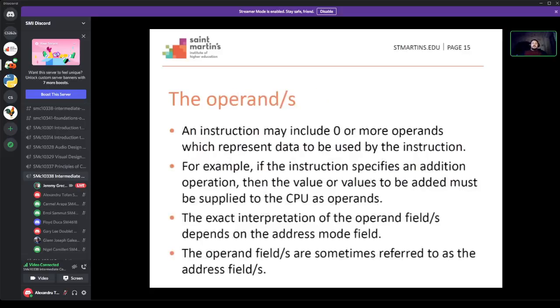All right, now in our case, it could be the case that we have instructions which take absolutely no operands. So we might say the value of 0 represents those instructions that do not take any operands. For example, an operation that wouldn't take operands would be halt.